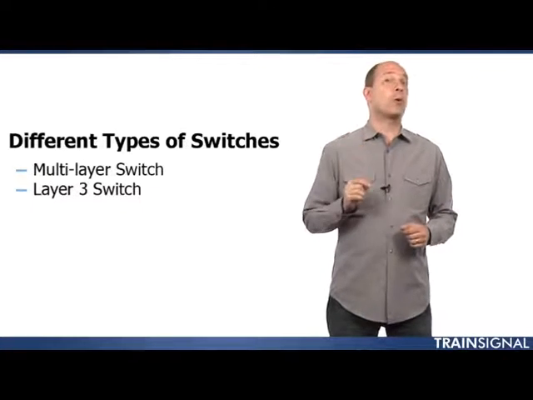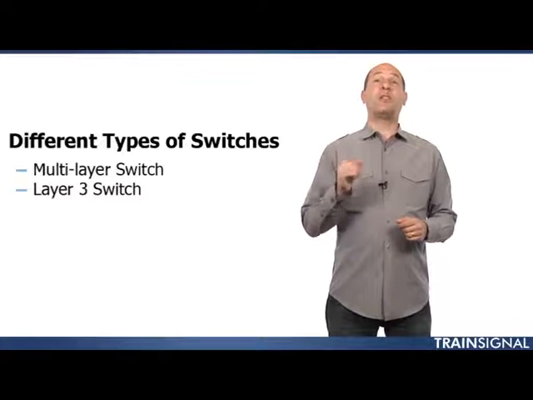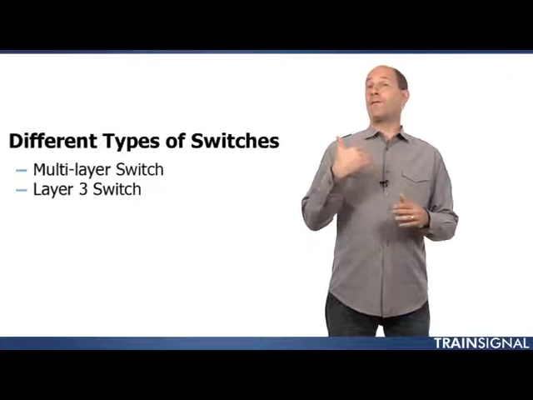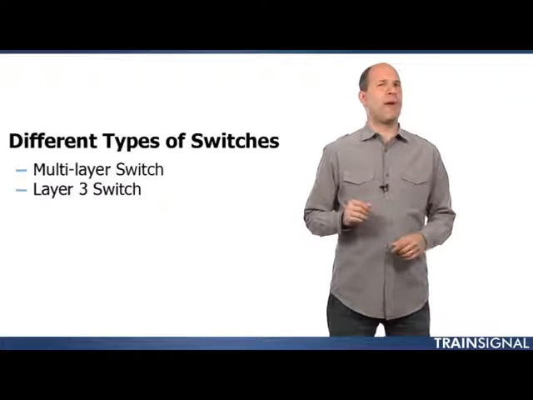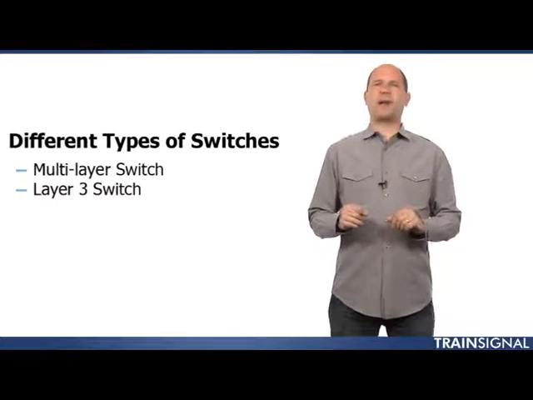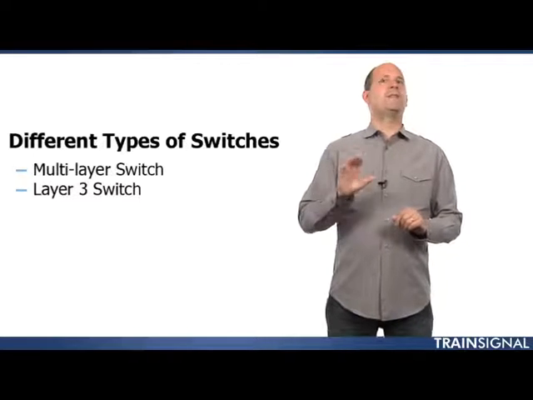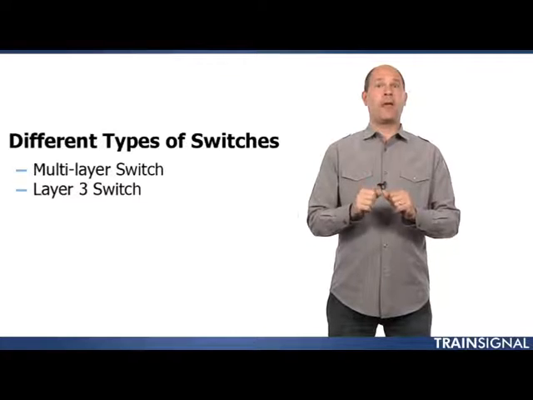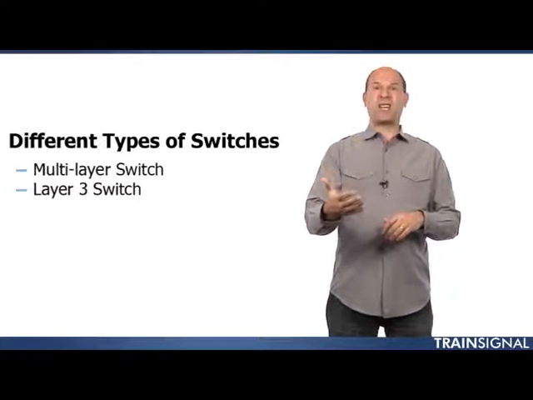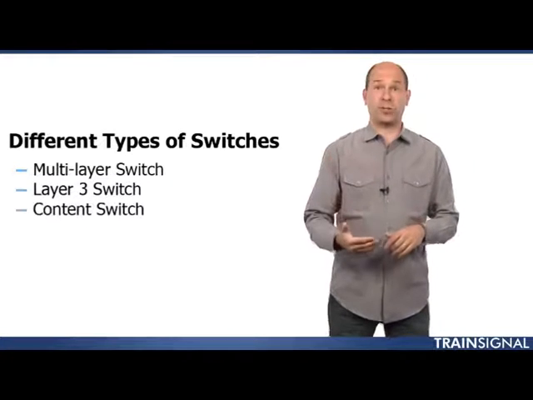That's the network layer. That means you now have a switch that can function based off of IP addresses, not just MAC addresses. So keep in mind that the term switch is now being used much more generically. Now, along those same lines, I can tell you that there's something called a content switch.